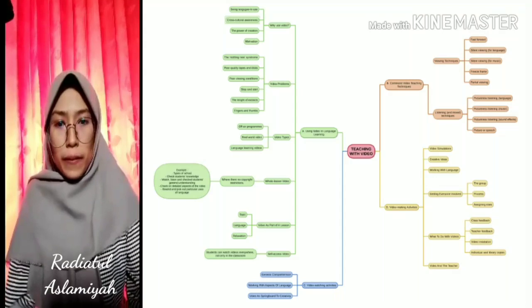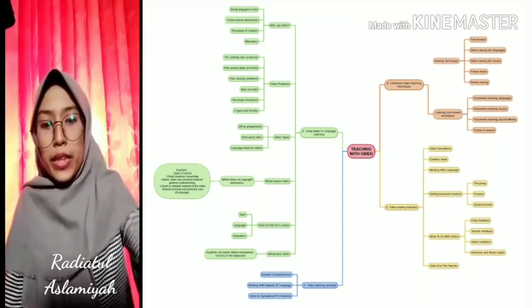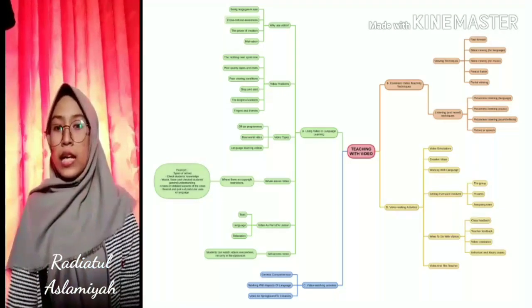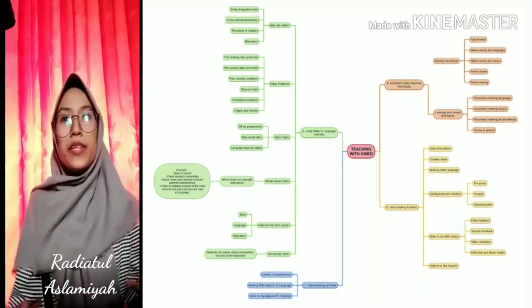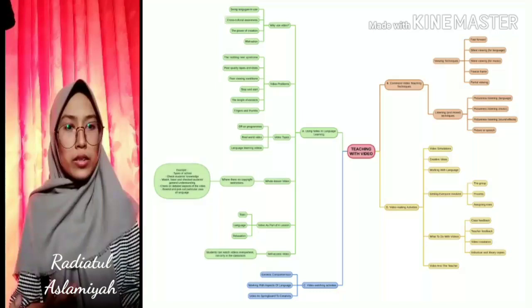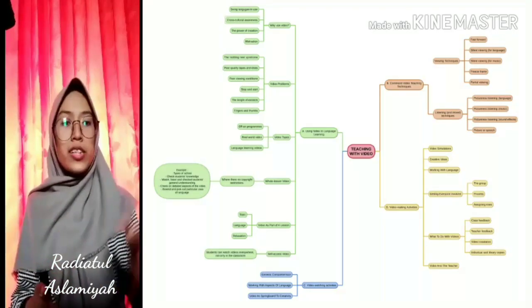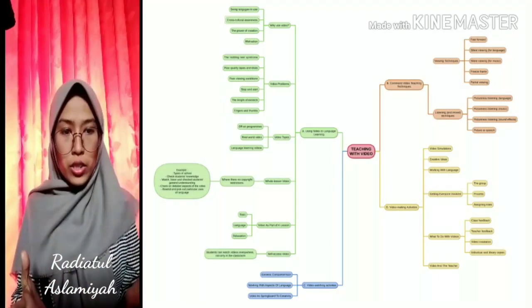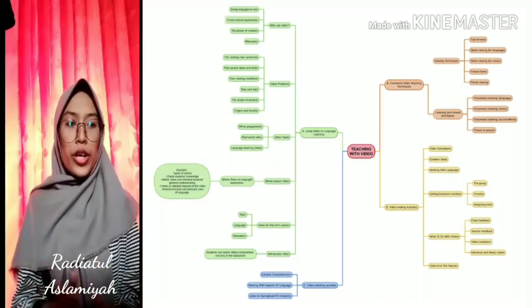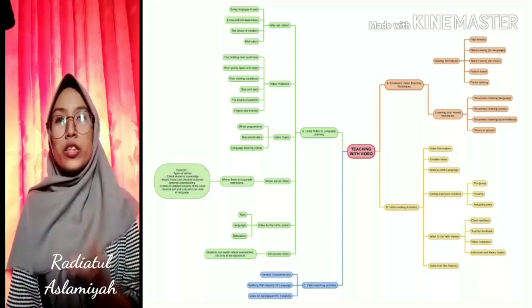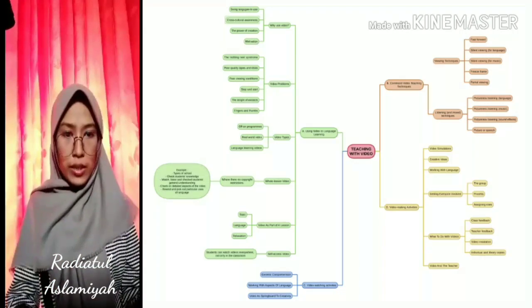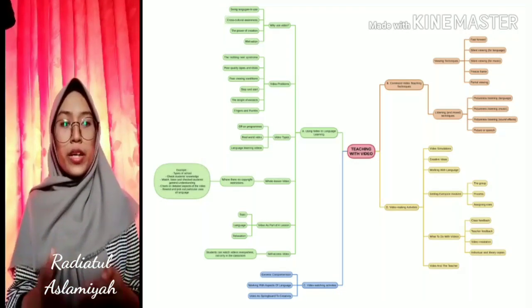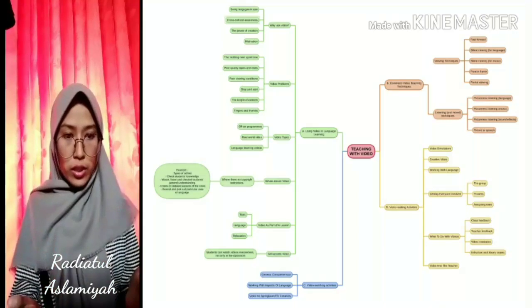And the next problem is poor viewing conditions. It means that sometimes in a class, the device is related to the conditions. For example, the monitor is too small for all of the people in the class. It makes for poor viewing conditions.